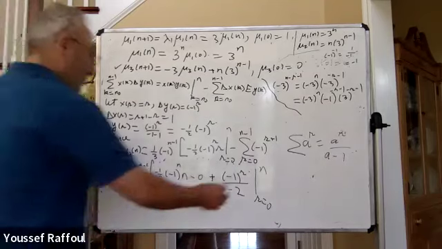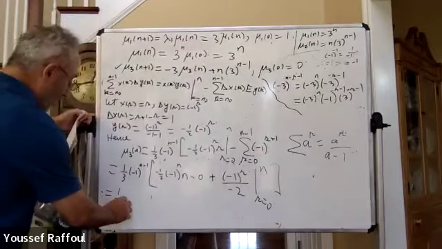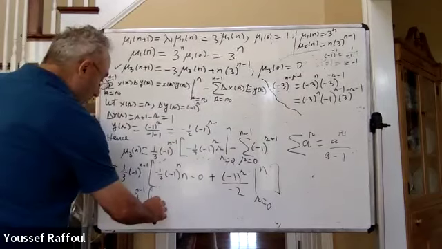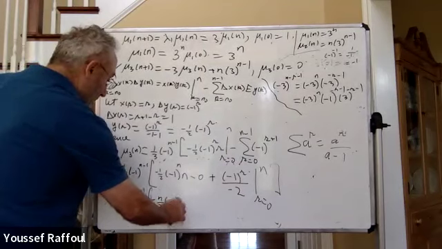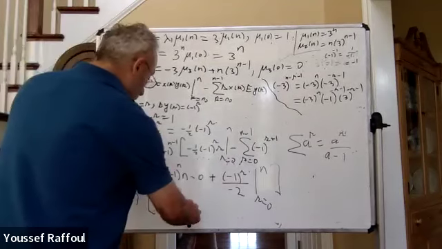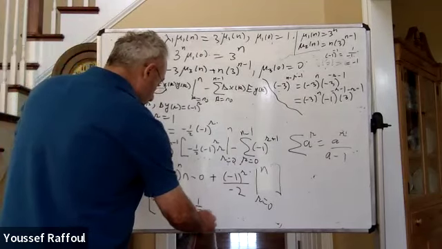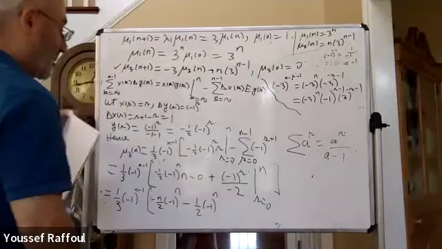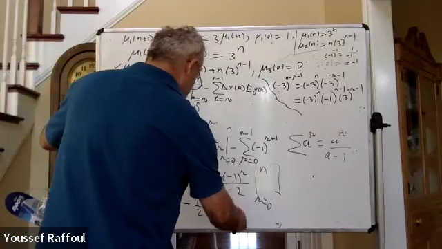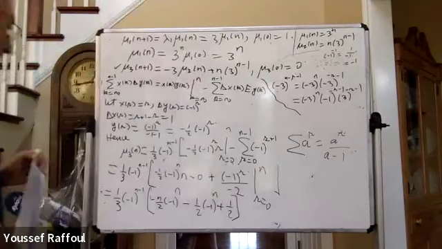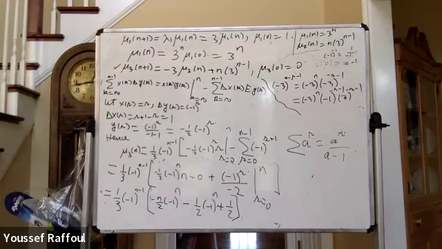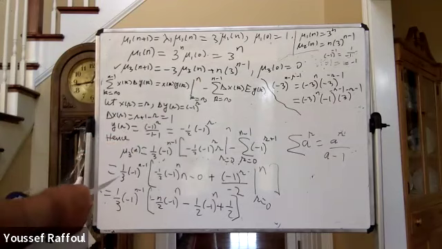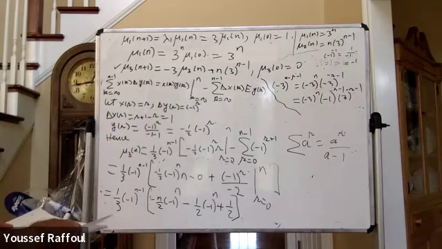And so this is 1/3 times −3^(n−1), times −n/2 times (−1)^n, minus 1/2 times (−1)^n, plus 1/2. All right? And that turned out to be, I simplified it. What do I have?